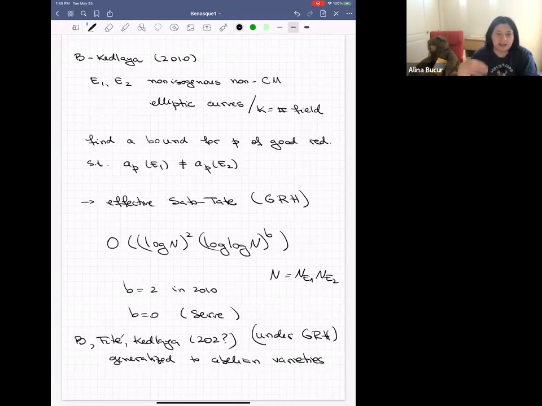L-functions can give you a result, but what you expect to be true is a much better result. So if by tackle you mean actually proving an asymptotic formula or a tight bound, then I would say yes.